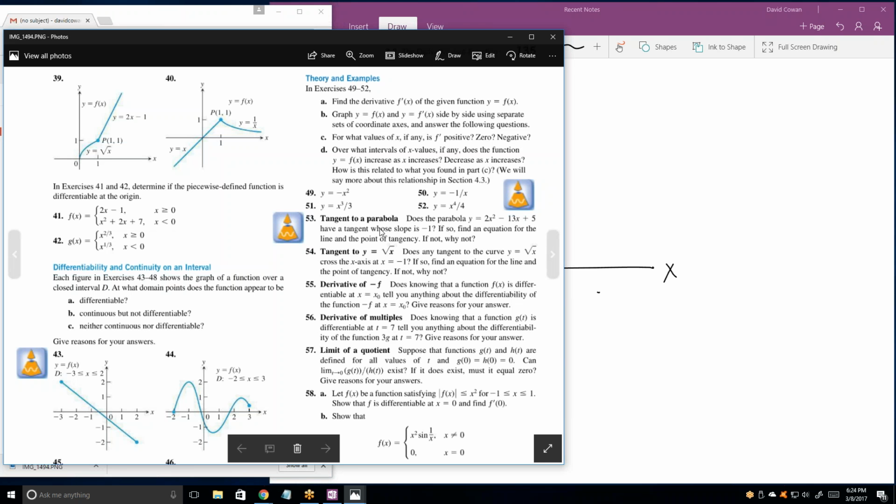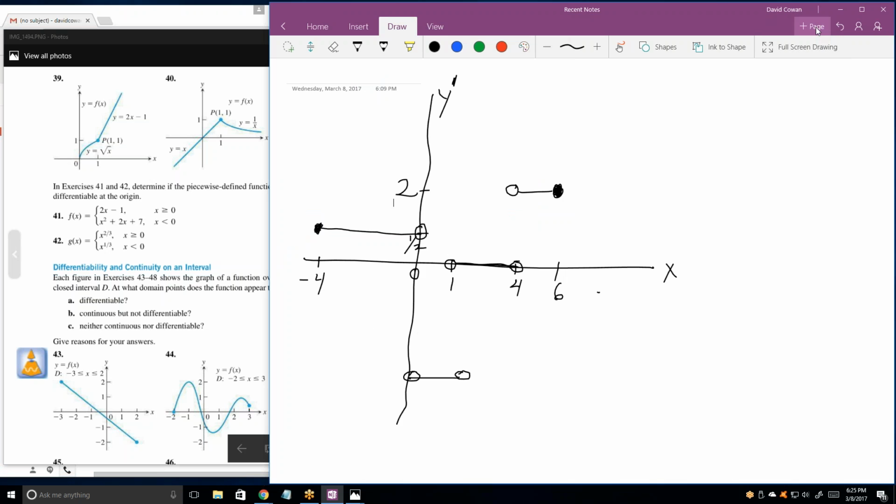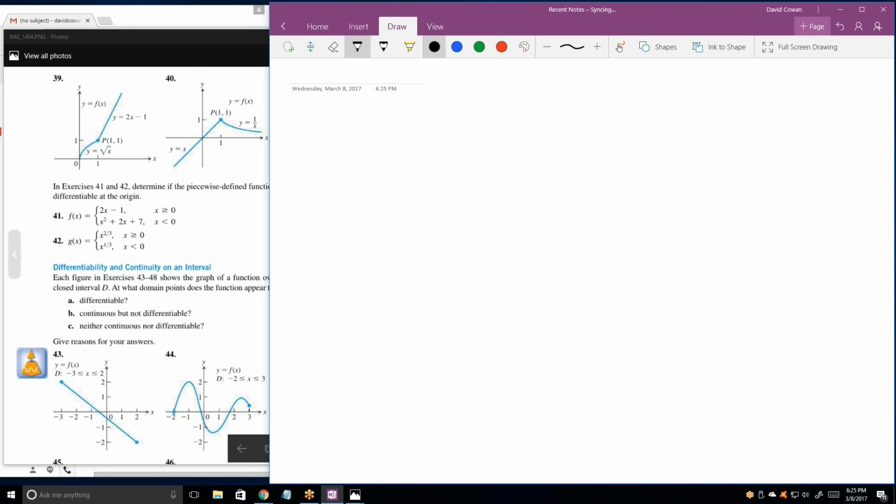Which one? 39. Okay, I was going to suggest we do that. What's the derivative from the left at point P? So at point P, at (1, 1), first of all, you have to differentiate the function.